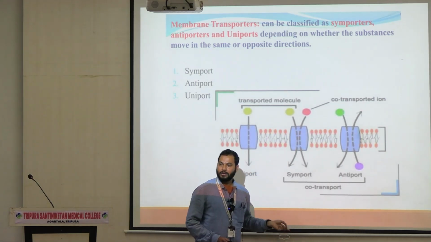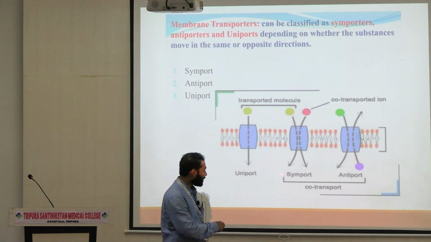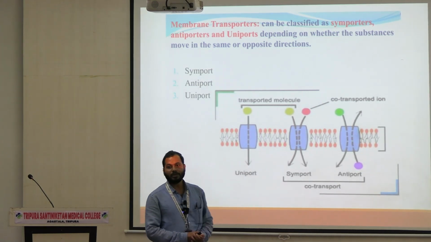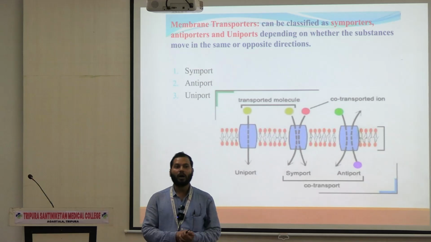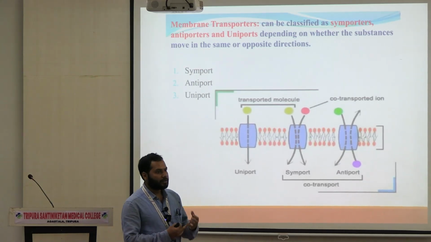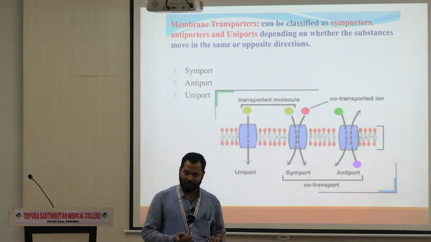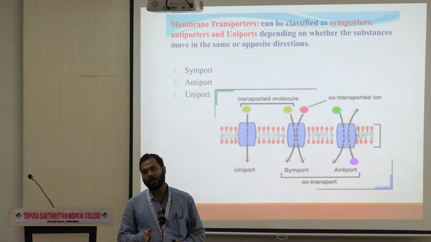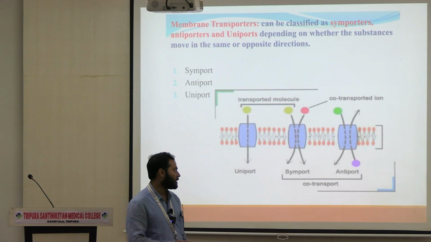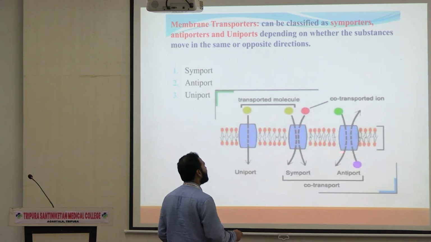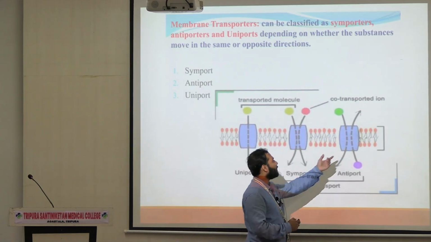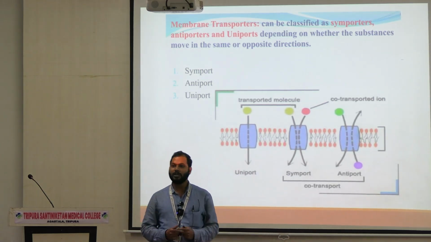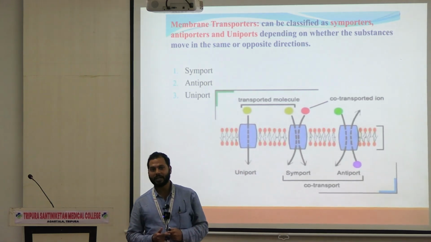In Symport mechanisms, sometimes the molecules may be similar in nature, right? The most important feature is that the direction of the molecules will be the same. Whereas in this case, this is the transporter called antiporter, and here the molecular movements occur in two different directions.